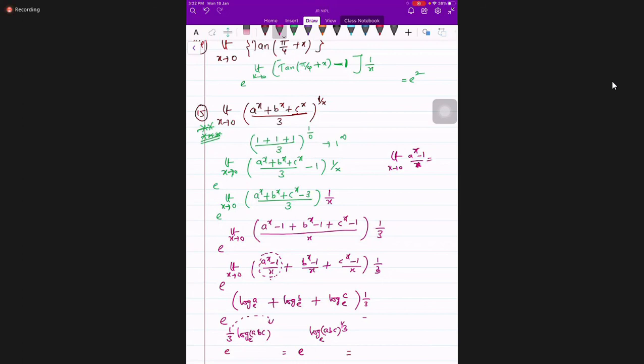And here, the formula, I don't know how many of you remember. Same base means the answer is just f of x in the logarithm. So now the answer is abc power 1 by 3. That's it.